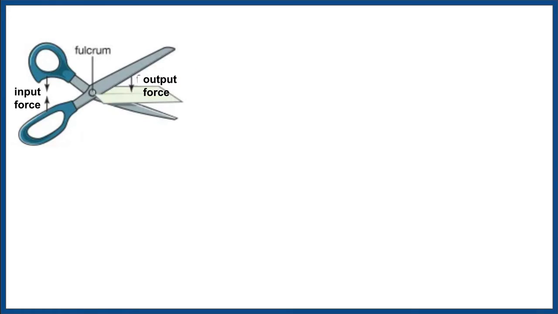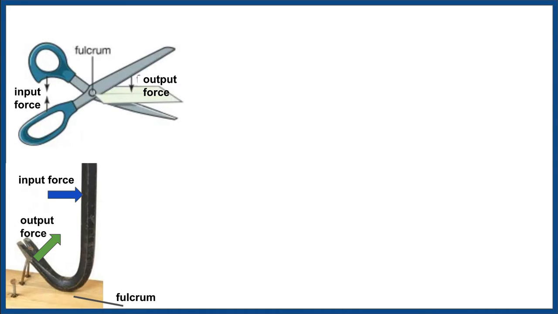Here are some other examples of real objects in our world that are levers. Scissors is a lever. You input the force here, there's a fulcrum, a pivot point, and then on the other side is where you cut the paper. That's your output. A crowbar is often used to remove something like an old nail.